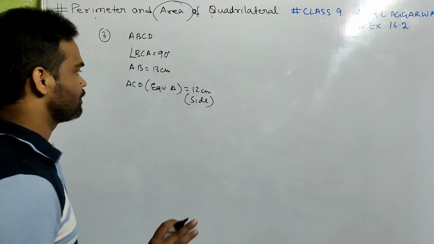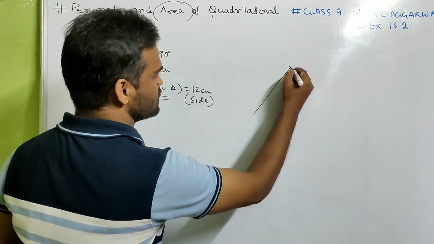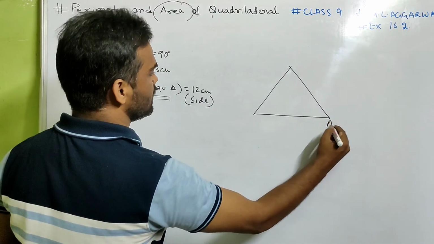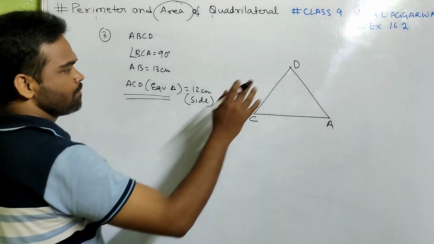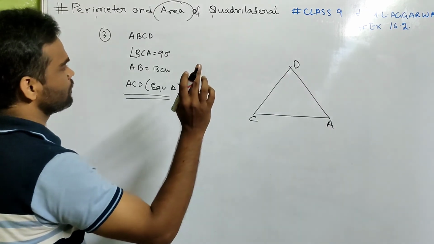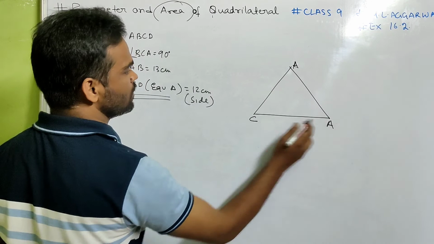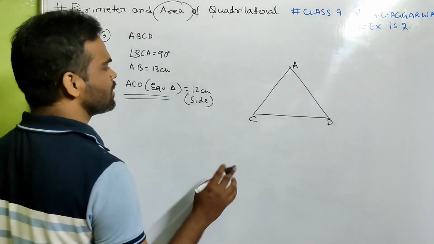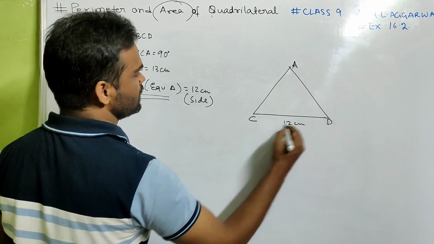First of all, draw it. First of all, I'll draw this equilateral triangle. Look carefully. This is my, suppose, ACD. I'll mark A over here, C over here, D over here. It will help us in drawing the diagram, okay? It's an equilateral triangle of side 12 centimeter.